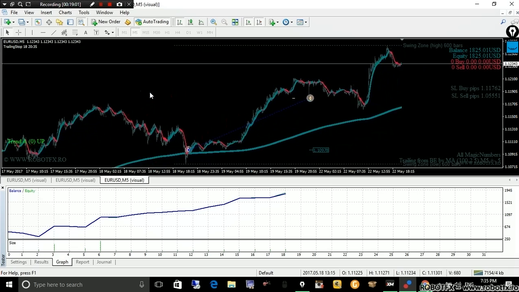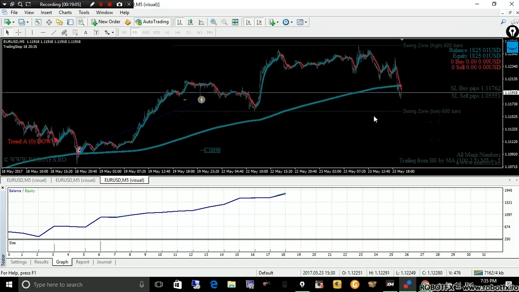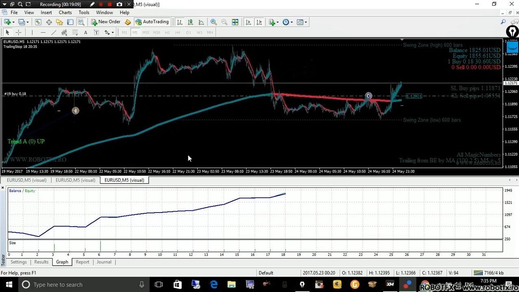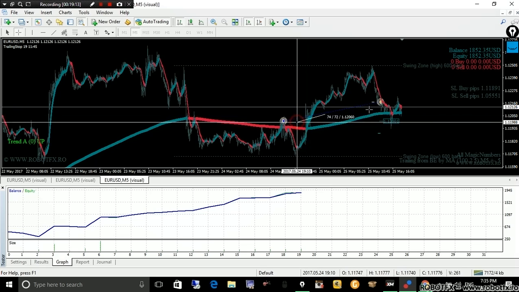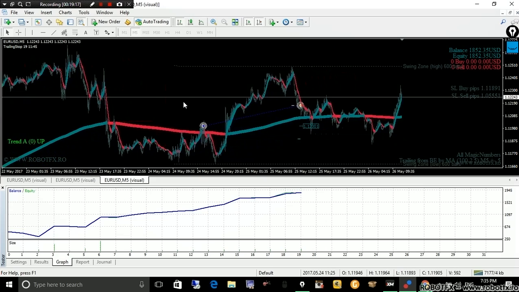And the next lot size will be 0.18 because we reached 1800. Exactly what I said. I don't know if you saw, the expert advisor locked 5 pips first.